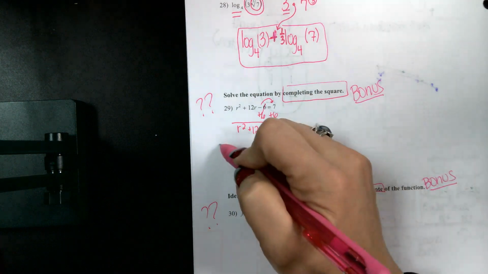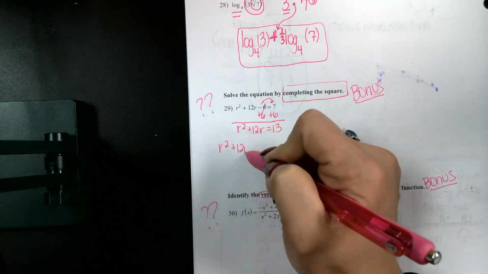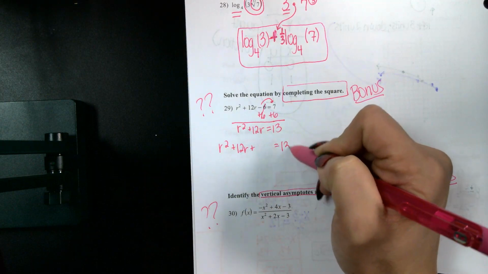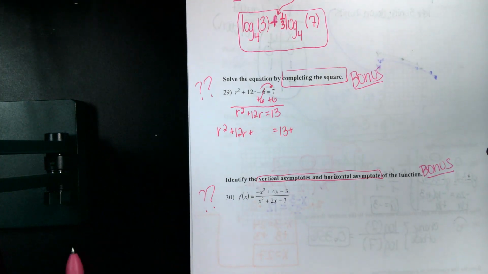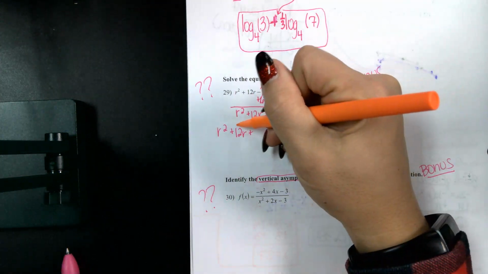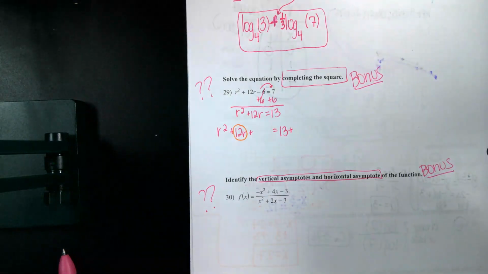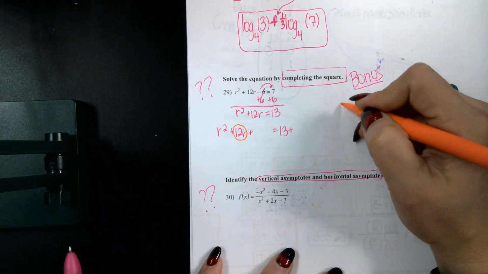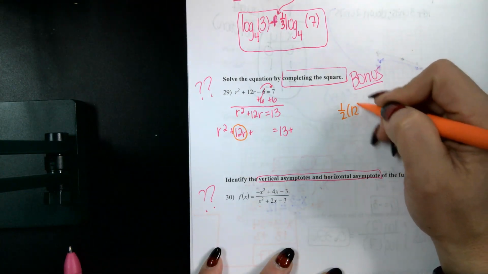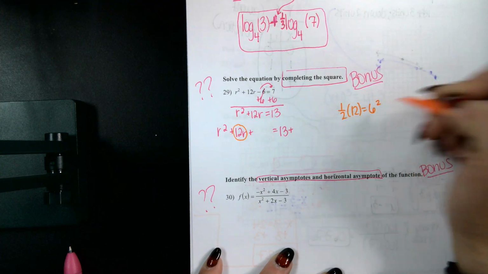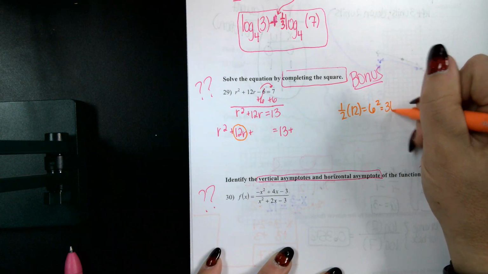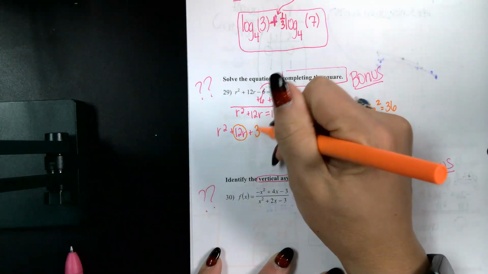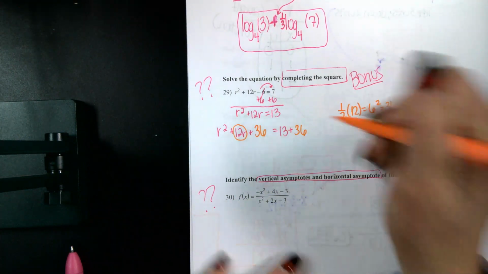Completing the square, we are going to add something to both sides of the equation. And that something is half of this. So what's half of 12? 6. So half of 12 is 6, and then you square it. What's 6 squared? 36. So we're going to add 36 to the left and to the right.